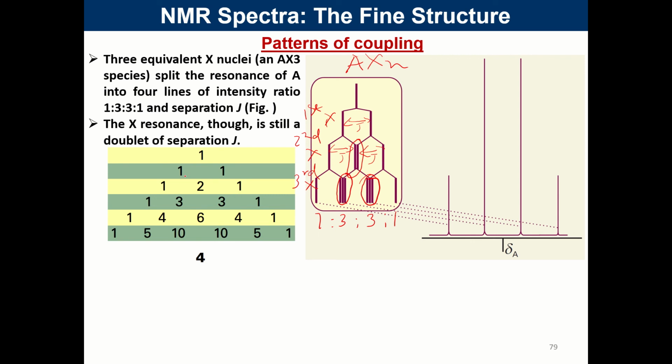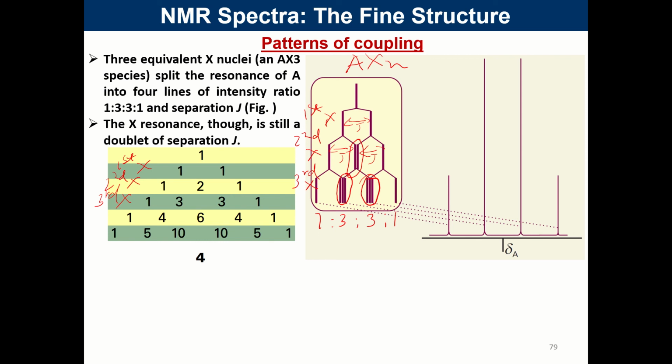For the equal splitting, first you write this for interaction with the first X, then the second X, then the third X. See, it is split into equal parts, and after that you see a pattern.